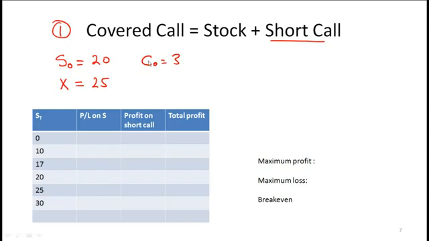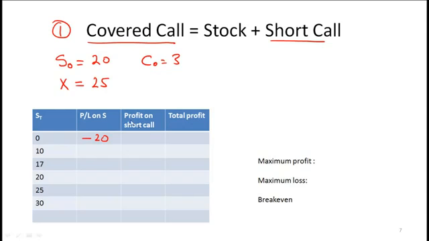Now we are going to look at the value of this overall portfolio at different stock prices, and we will then draw this out. We also need to understand the maximum possible profit, maximum loss, and the break-even point. If the stock goes down to 0, what is your profit or loss on the stock? You bought it at 20, so your loss on the stock is 20.